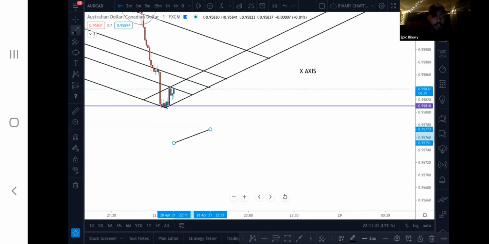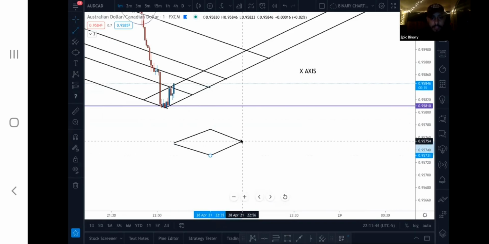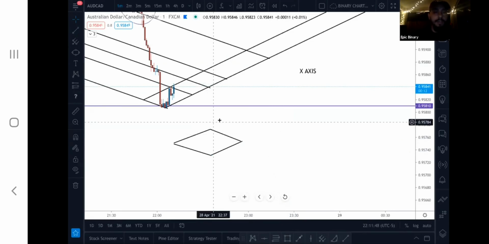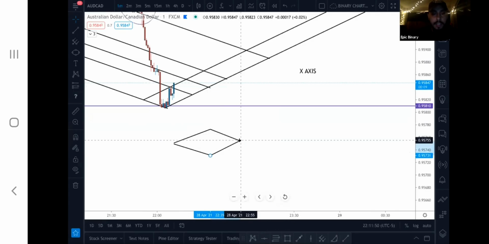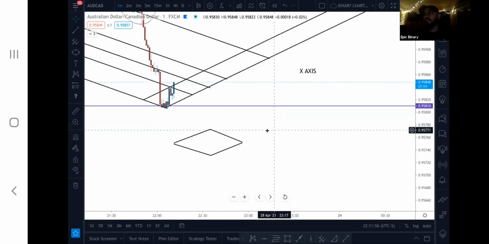So here we have our diamond box, okay? And your boxes aren't always going to be diamond. They're not always going to be pretty. Sometimes they'll be rectangles. Sometimes they'll be diamonds. Sometimes they'll be boxes. It just depends on how big the candles are and previous price and how your trend lines are.